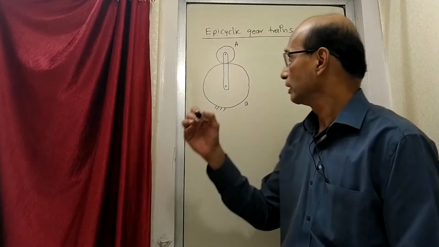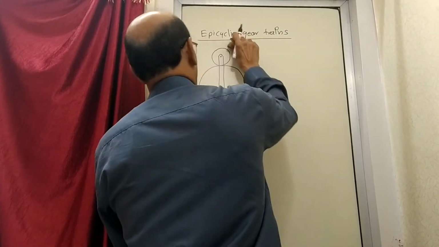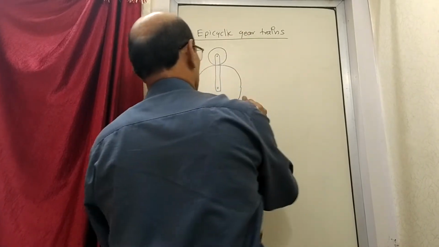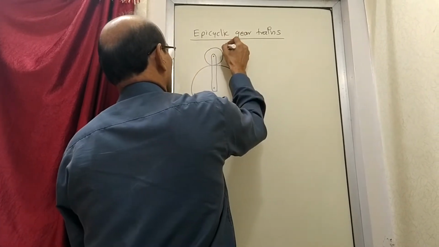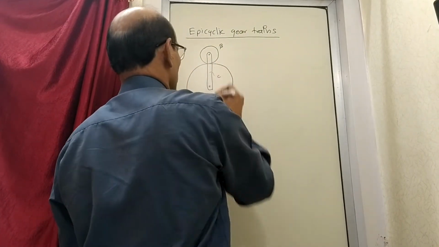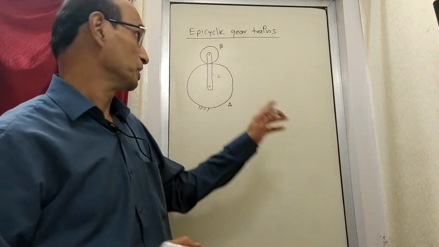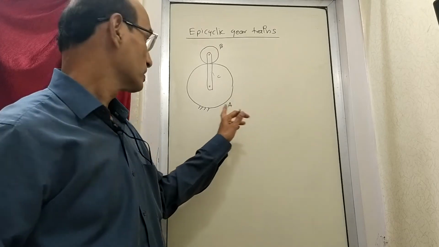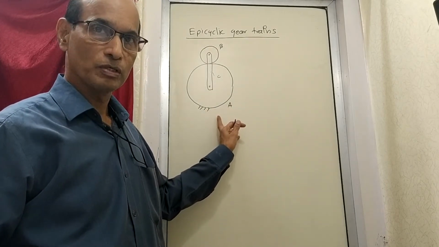There is gear A here, and this gear B, and this arm which is shown by the letter C. Now in this case, gear A is fixed.